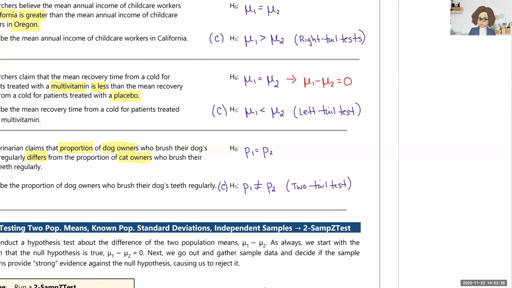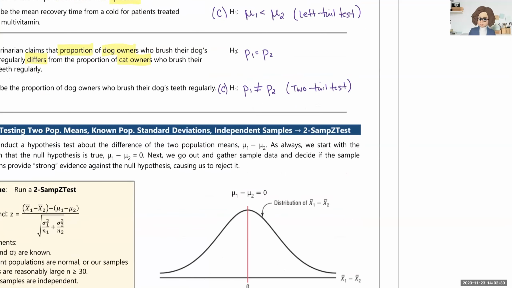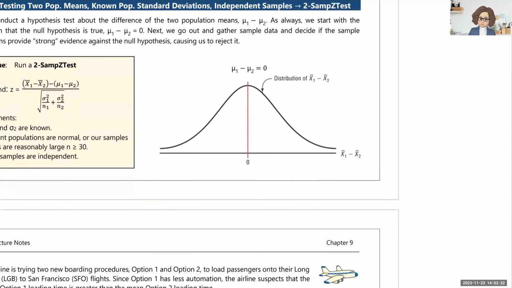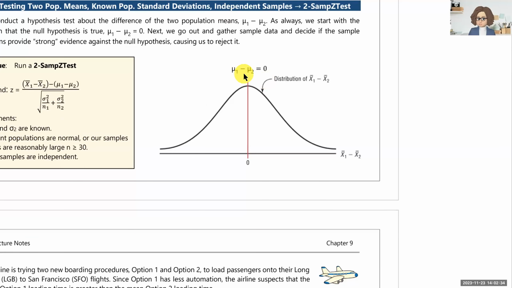So when we conduct our hypothesis test, the picture of the null hypothesis will be that the difference between the means is 0. And then we'll go out and get some sample data and see if we get something close to a difference of 0 or something further right for a right tail test, further left for a left tail test, or in either direction for a two-tailed test. So again, lots of similarity to what we've done in the past.